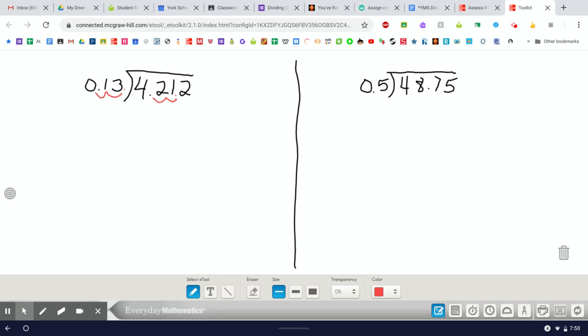All right, so here we go. We have to divide now. So let's draw our partial quotients line. There we go. And we'll ask ourselves how many 13s are in 4,212. Well, let's start with 100 13s. That'd be 1,300. How about 213? So let's double 1,300. That's 2,600.